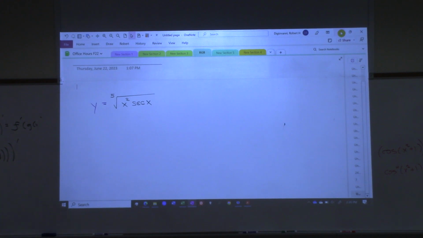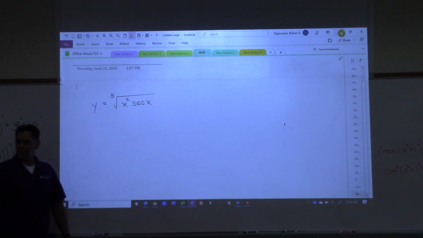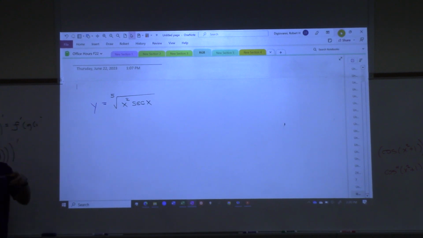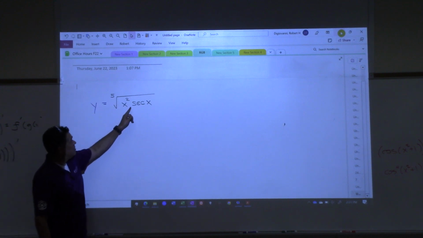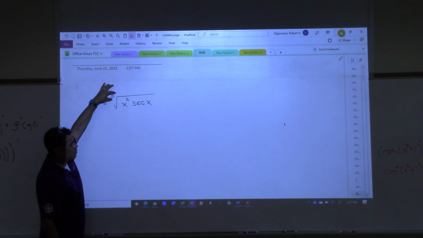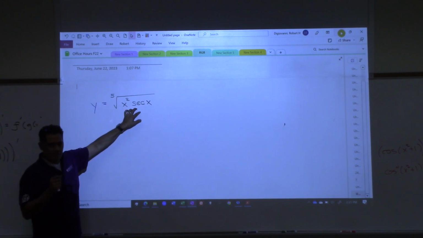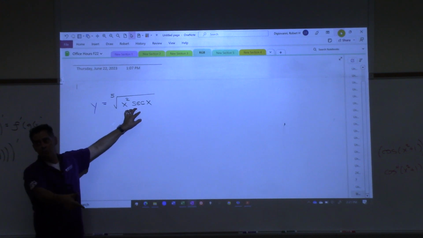You see composition? You see something inside of something else? What's the thing that you see inside? X squared secant x, right? That's the inner, and the outer would be the fifth root, right? But your inner is actually a product, isn't it? So when we do the derivative of the inner, we're going to have to do a product rule.